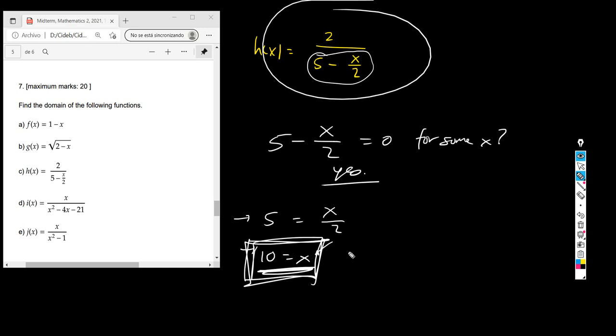And that's the only value that will cause a problem. So what is my conclusion? My conclusion is that the domain for the function h is all the real numbers except the number 10.